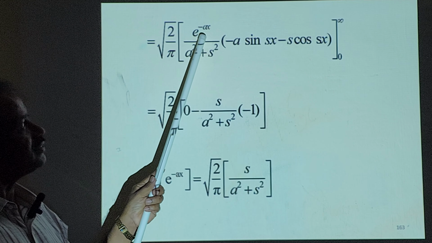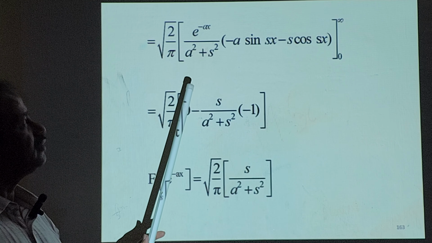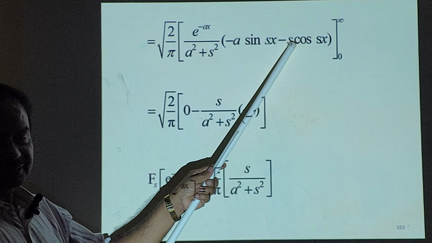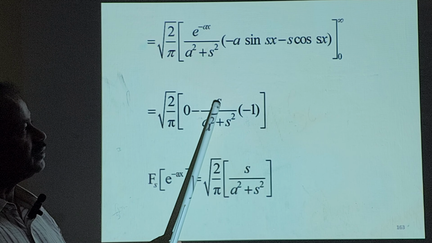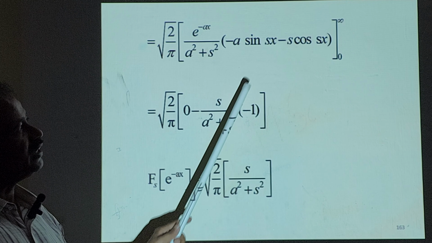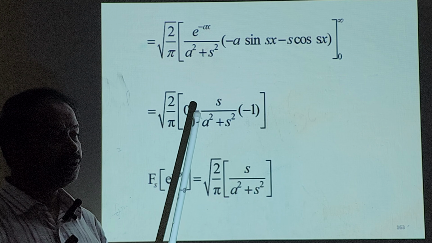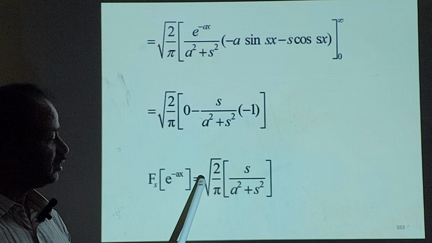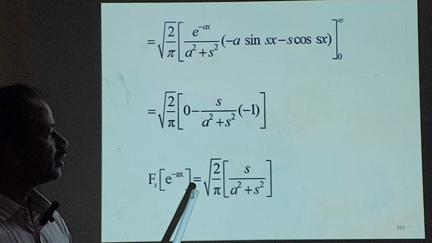Substituting the lower limit will give us e power minus 0, 1 by e power 0, the answer is 1. So we have sine 0, which is 0, and s alone exists, so s I have written here. Over a square plus s square, cos 0 is 1, already one minus is there. This minus, we have to apply the lower limit, that minus is there. So minus times minus will give us root 2 divided by pi, s divided by a square plus s square.